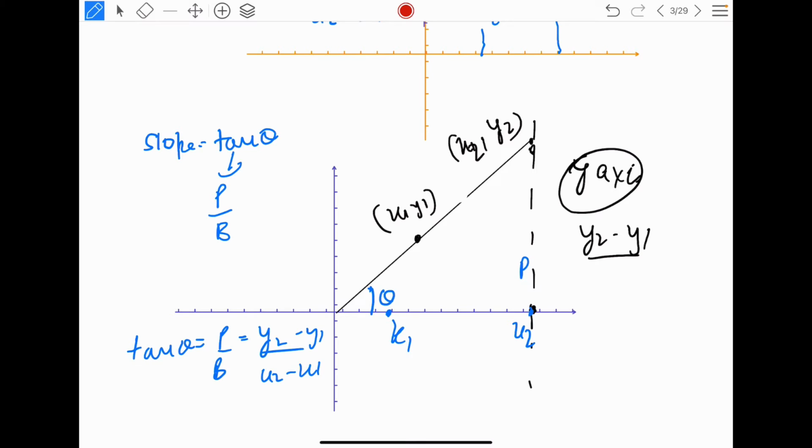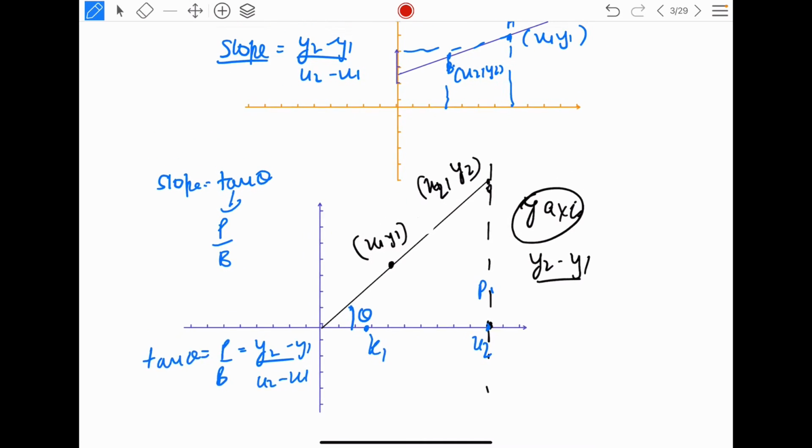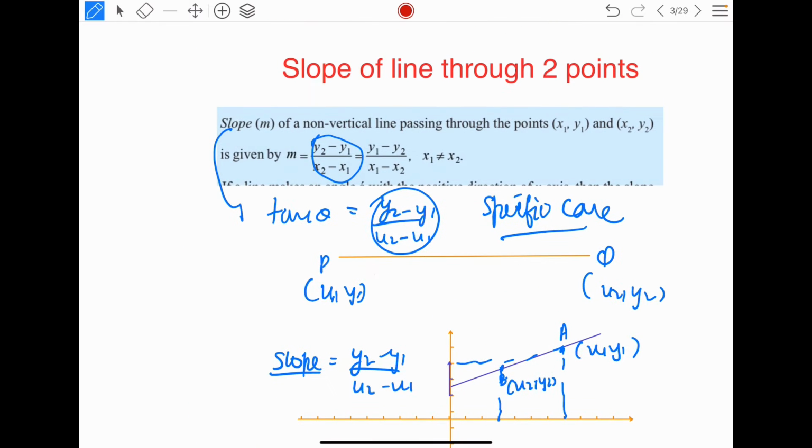Because tan theta is perpendicular upon base, and slope always is tan theta. It can be y1 minus y2 upon x1 minus x2 as well. It is your choice which one you take as 1 and which as 2.